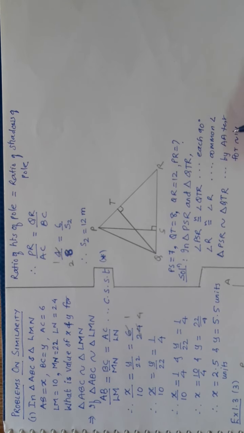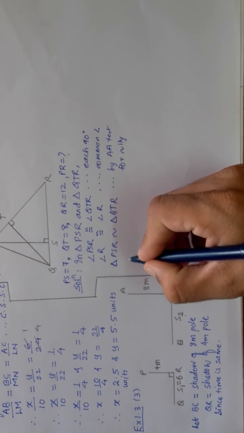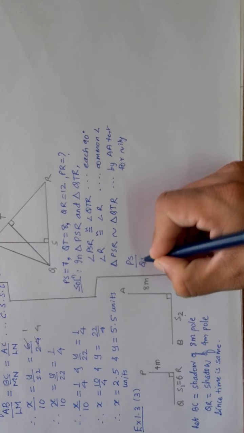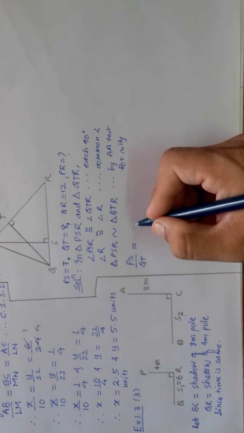Okay? So once the two triangles are similar, all the pairs of corresponding angles are congruent and all the pairs of corresponding sides are in proportion. We are not interested in angles because it is not asked, so we will only talk about sides. So you have first to second is equal to second to third.